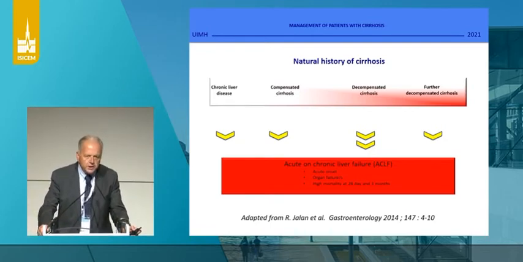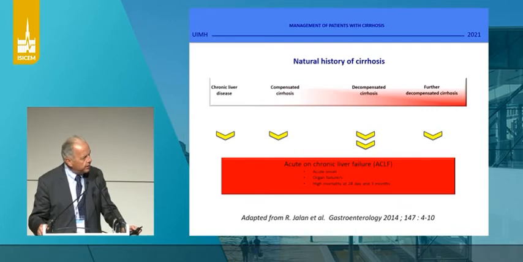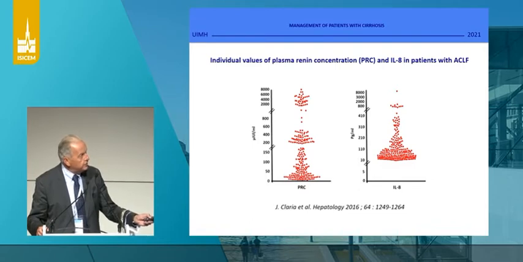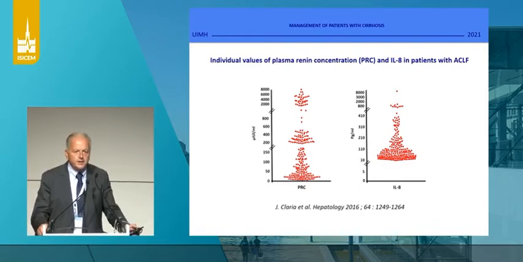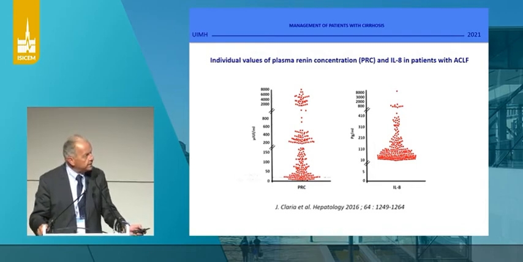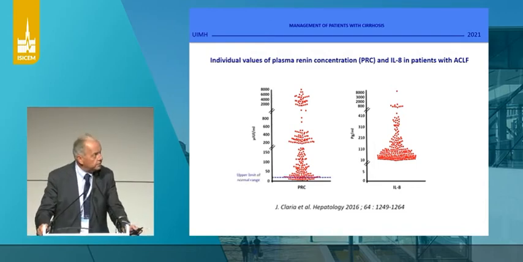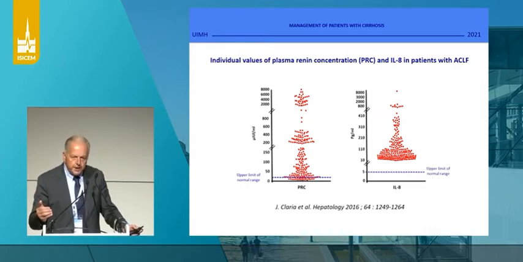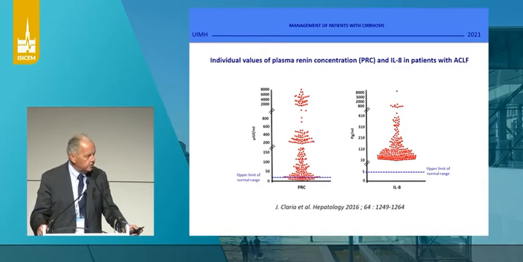Now a patient may develop organ failure and may develop ACLF, even in presence of normal value of vasoactive factors, but never in absence of systemic inflammation. So systemic inflammation may be a second powerful driver of decompensation.